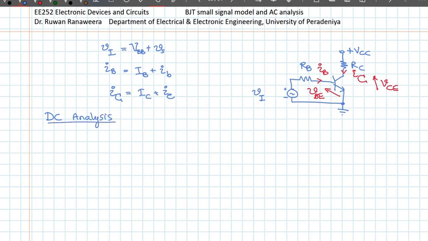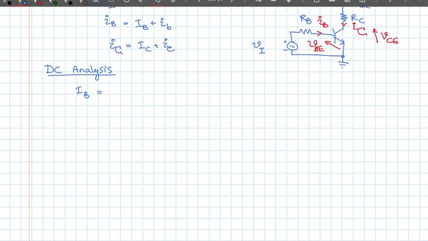Okay, so let's first do a DC analysis here. You can find the base current IB, where the DC component of VI is VBB, so we are only looking at the DC components of it. AC part we assume 0.